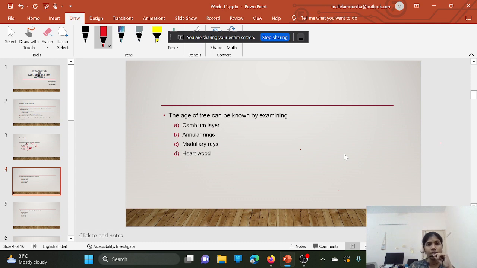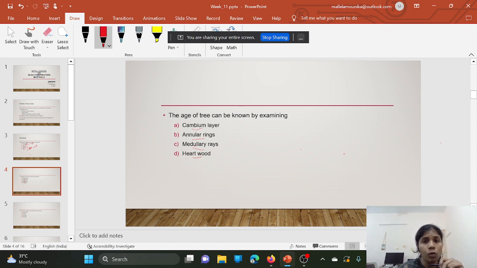Into the next question. The age of a tree can be known by examining, like all these options mentioned here: cambium layer, annual rings, medullary rays, and hardwood. These are all the components of the stem part of the tree.